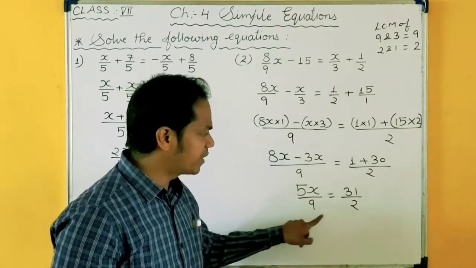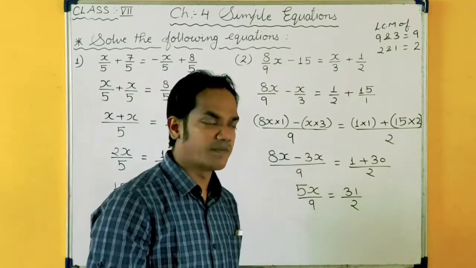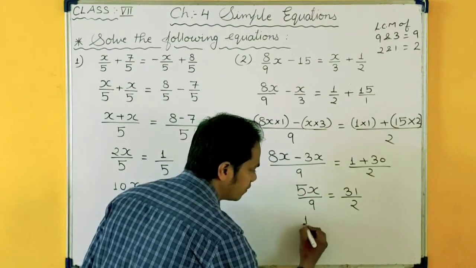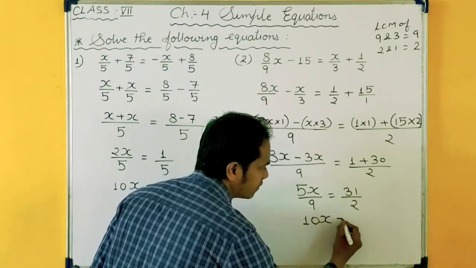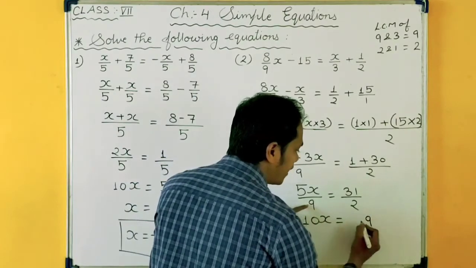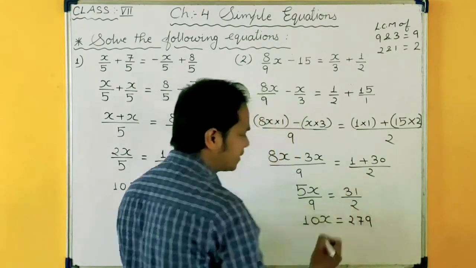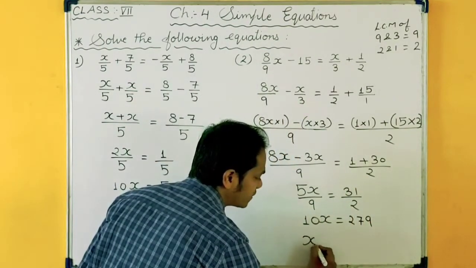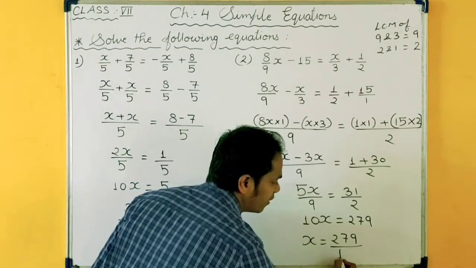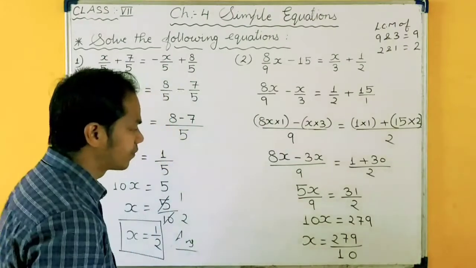See here, now the same number is not there, that means you have to cross multiply. 2 5s are 10, you will get here 10x. And 31 multiplied by 9: 9 ones are 9 and 9 threes are 27. So x is equal to 279 divided by 10.